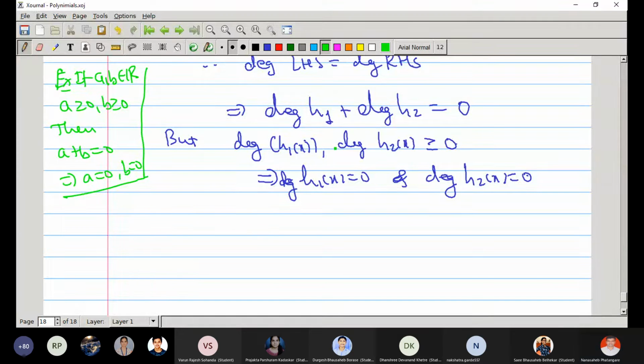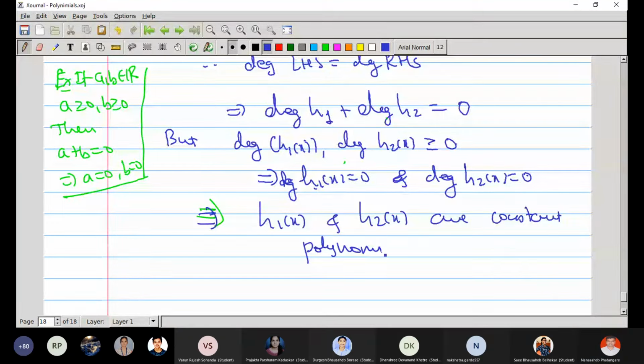Therefore, what is the conclusion? Degree of h1 is 0 and degree of h2 is 0. H1(x) and h2(x) are constant polynomials, right?